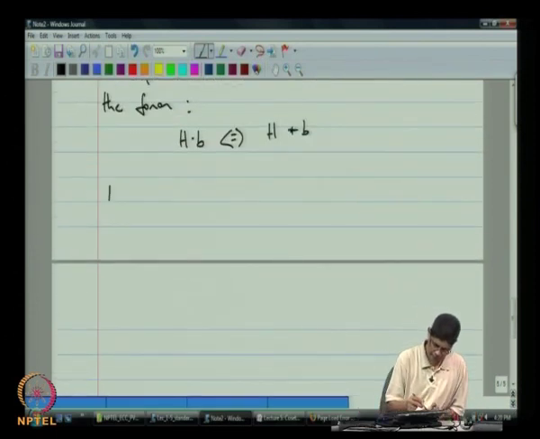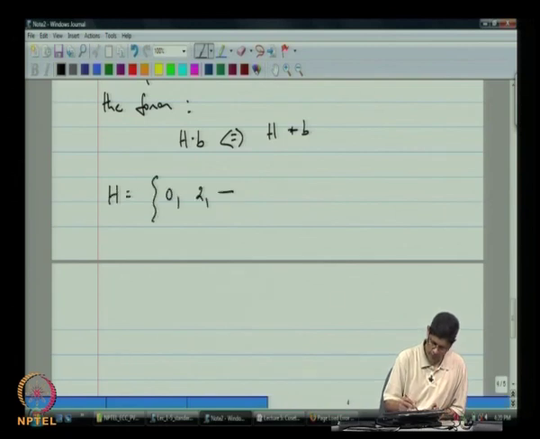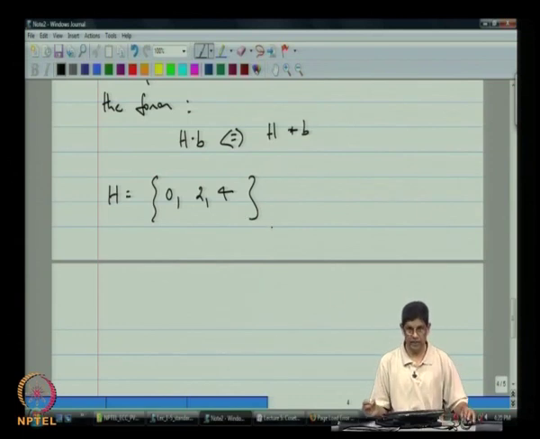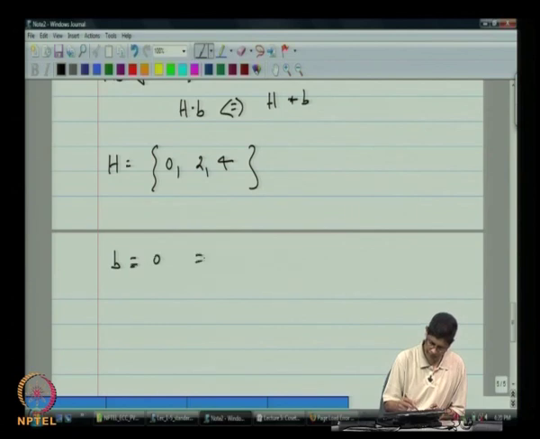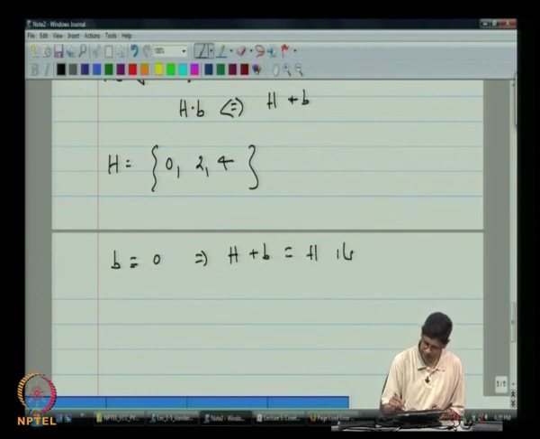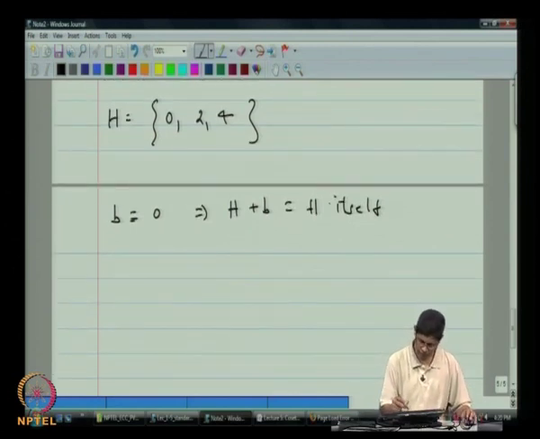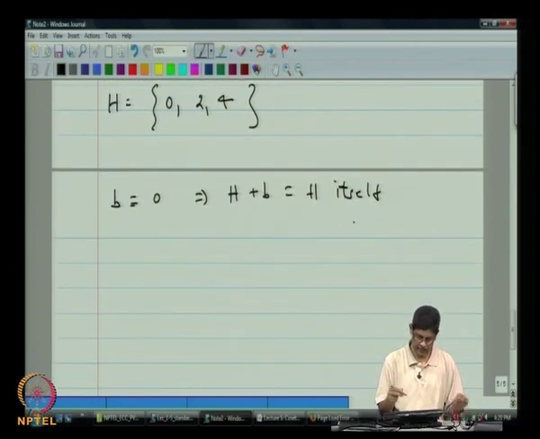Since H is the set {0, 2, 4}, you might think of this as the even subset of the integers mod 6. If you set B equal to 0, then H plus B is H itself. So, one of the equivalence classes is H itself.